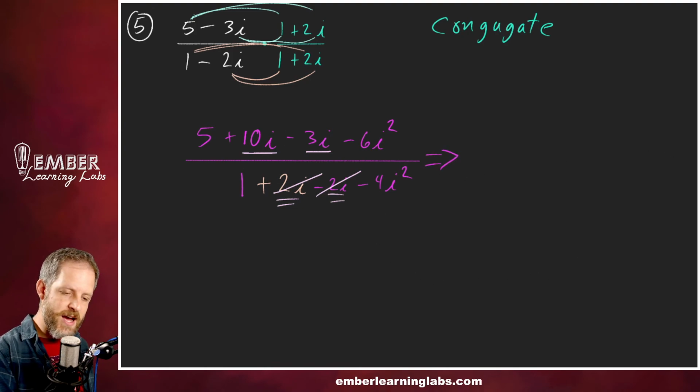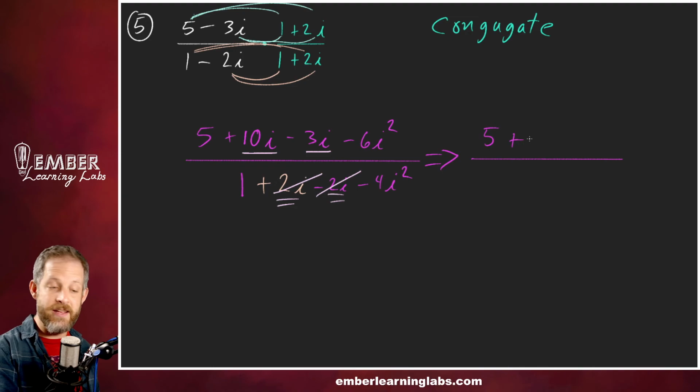So up at the top, I'm going to go ahead and put my fraction bar on here to keep myself neat and organized. 10i minus 3i is 7i. This turns into plus 6, because negative 6 times negative 1, which i squared equals, turns into positive 6.